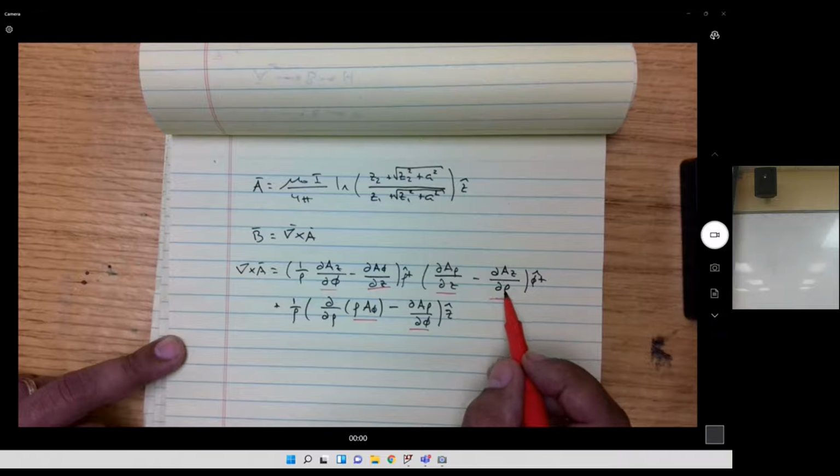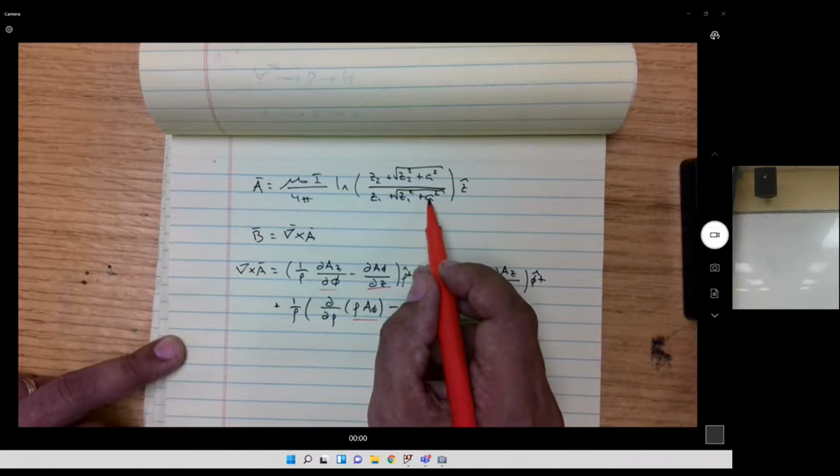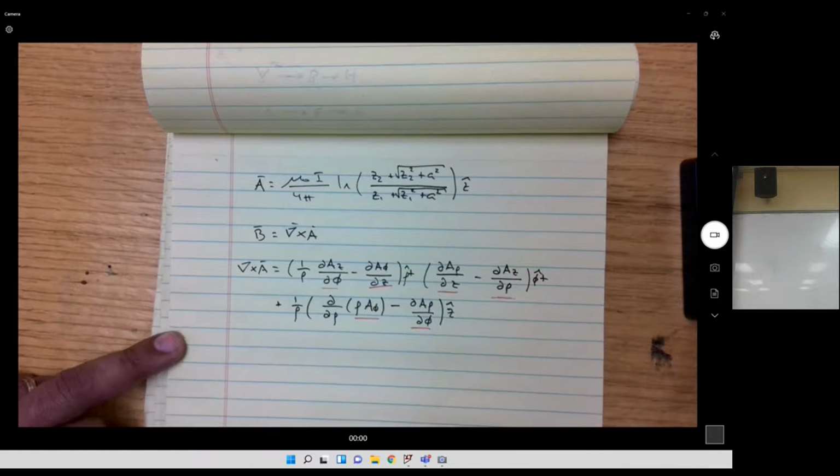Okay, rho, this line of integration, is the distance from my line to my point P. So I'm going to rename this A to rho.